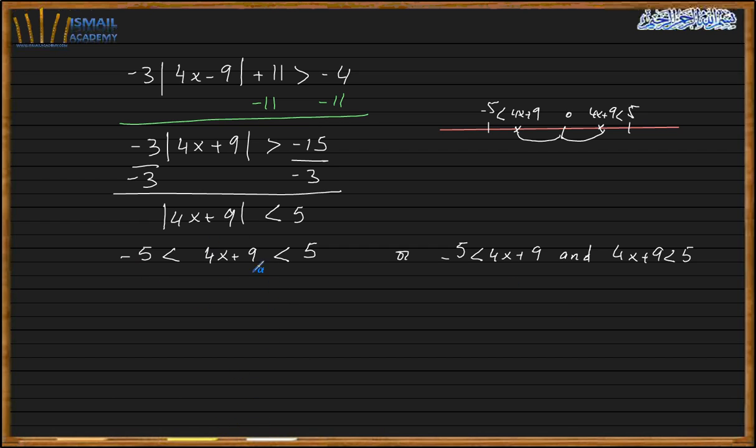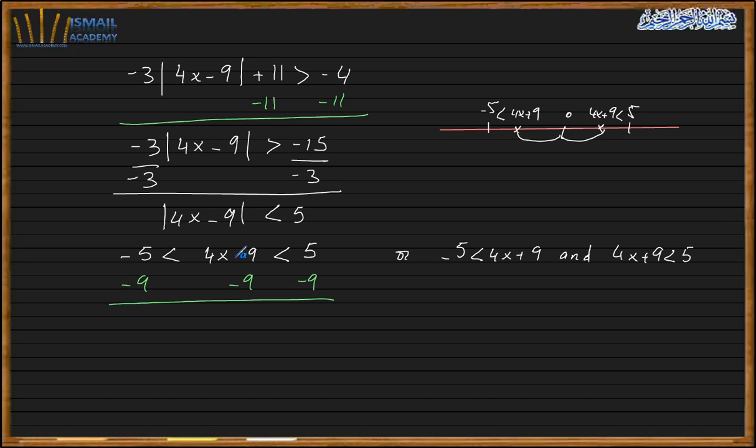So here, whatever I do in that expression, I do for the other expression. Here I minus 9, so I minus 9 here and minus 9 here. It looks like I switched the sign here. Sorry guys, it was minus and I put plus, sorry.